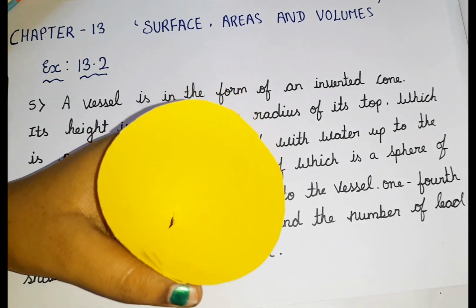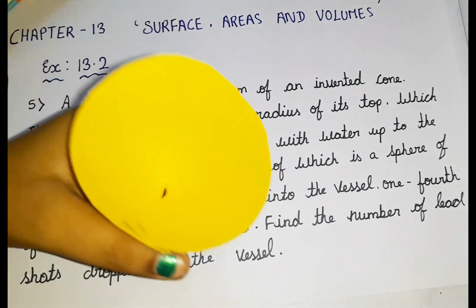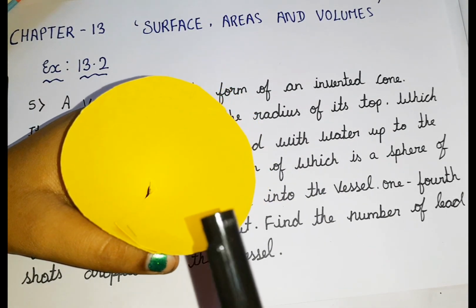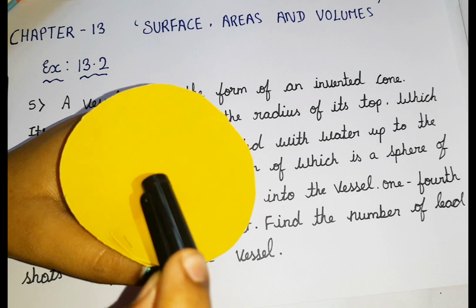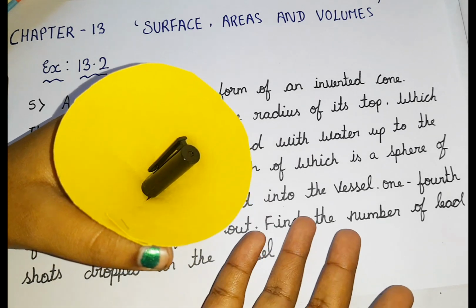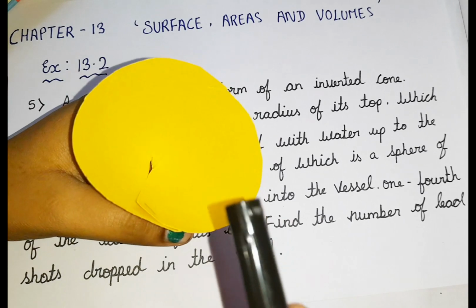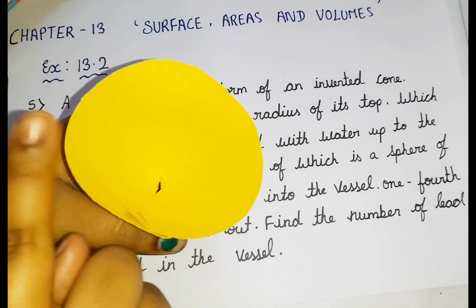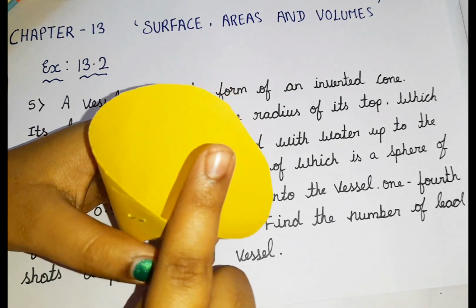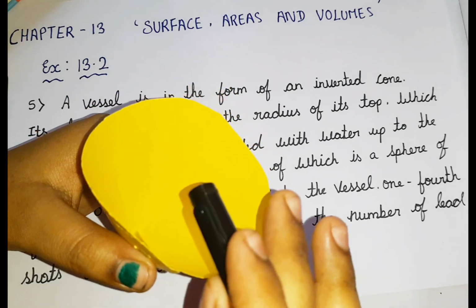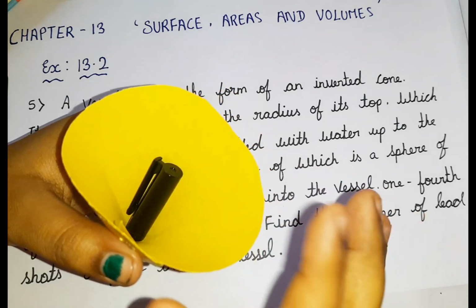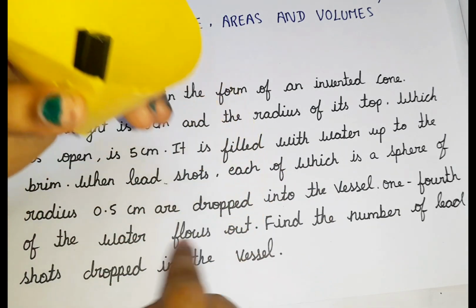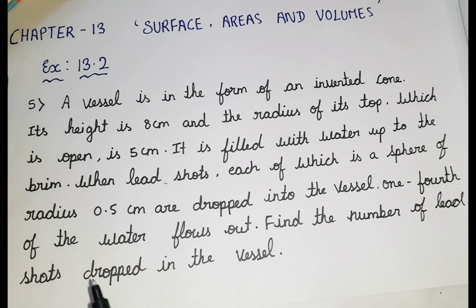When we drop something inside the water, you can think of this as a lead shot, the water flows out, am I right? The water is filled up to this part. When I put the lead inside, some water comes out. They are explaining that right here.